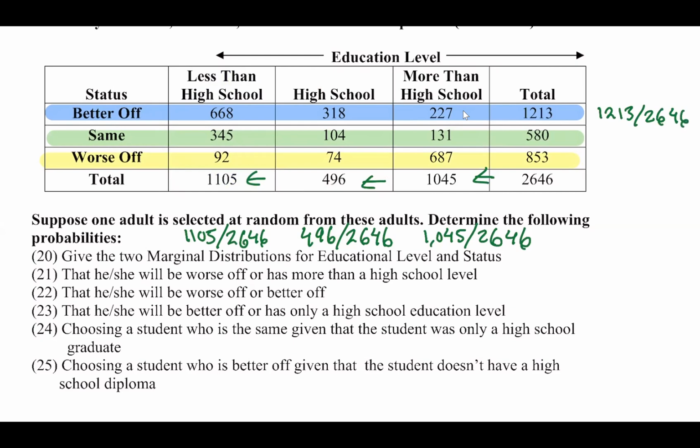Or I could get the probability of same. Same will be 580 divided by the 2646. Or lastly, I could get the probability that they're worse off. So you get 853 and you divide it by 2646. And that's how you do problem number 20. Any question in regard to problem number 20?